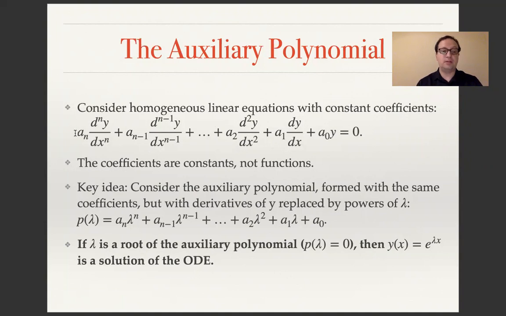This is the general form of a homogeneous linear ordinary differential equation with constant coefficients. So we have an times the nth derivative of y plus an minus 1 times the n minus 1th derivative of y plus ... plus a2 times the second derivative of y plus a1 times y prime plus a0 times y is equal to 0.